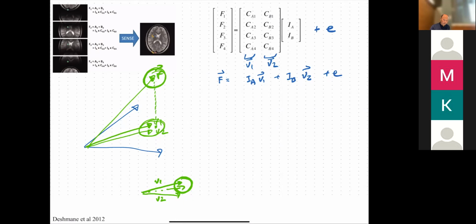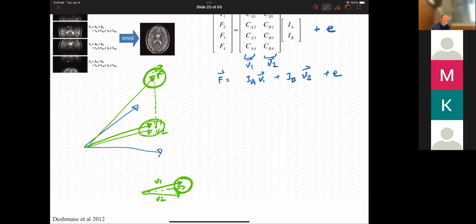If the noise puts me over here, the best fit is going to be something that's closer to v1, right? But if the noise points me over here, the best fit is going to be v2. So my estimate is very sensitive to the noise. Okay. So that means if those two columns are too similar, then my estimation is very sensitive to noise. That's the high G factor.